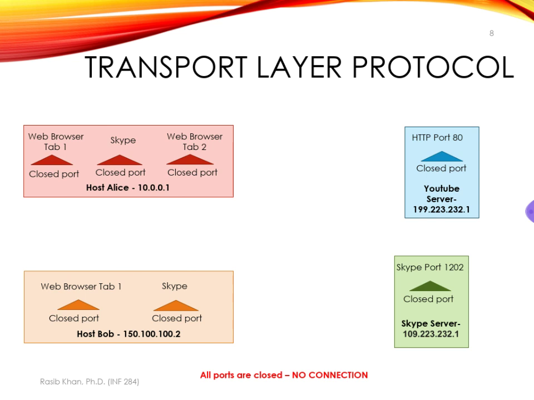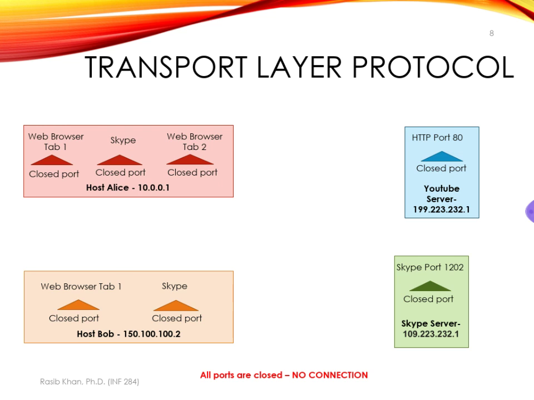So let's see a sample scenario of how these ports come into play when multiple hosts are communicating over the internet. So let's say we have 4 hosts connected to a very large network. They are in different parts of the world. 2 of them are user terminals, Alice and Bob. Let's say they have laptops running and connected to the internet.